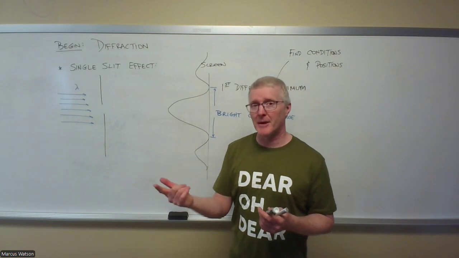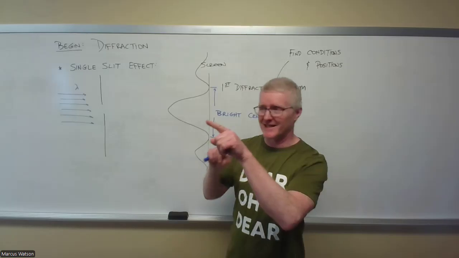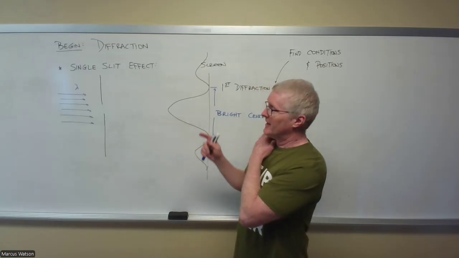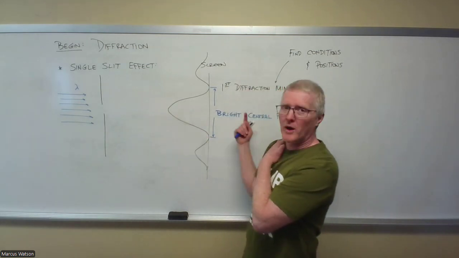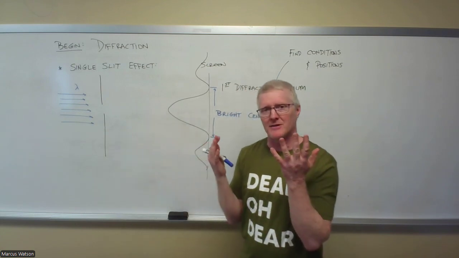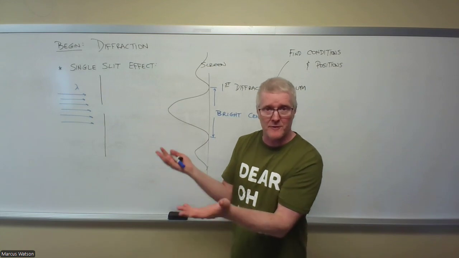Now, when we were thinking about the double slit experiment, we were looking at one wave coming out of one slit and one wave coming out of the second slit. Now, I'm going to have one slit. If I look at only one wave, I don't learn anything. There's no interference that I can derive from this because I need a second wave to interfere.